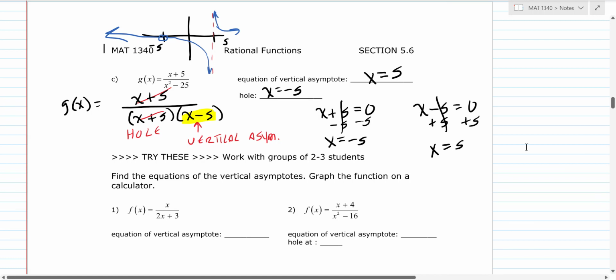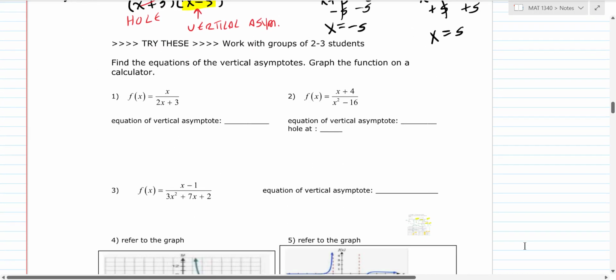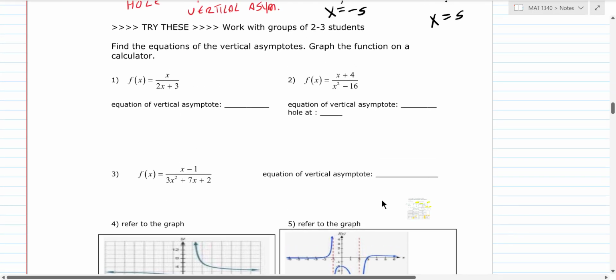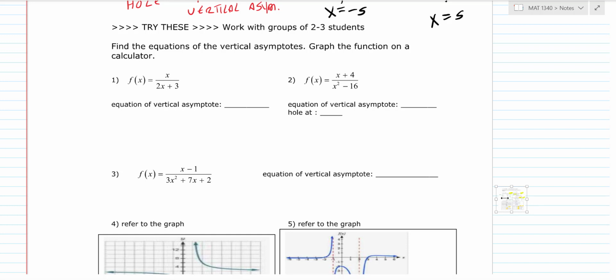All right, so to wrap up, let's do these problems at the bottom of the page. There's 5 problems. I want to see if we can do each of these. Mainly what you want to do is try to factor. If something cancels, then you're going to have a hole. If something doesn't cancel, then you won't have a hole. You'll have a vertical asymptote.